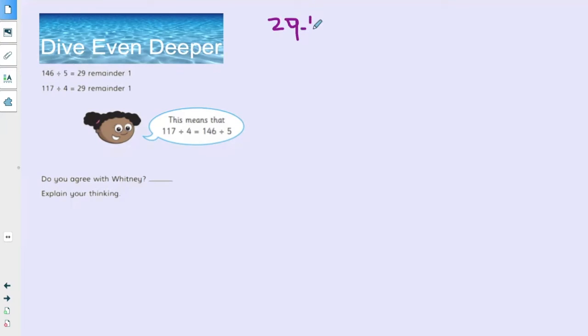So in other words, that's 29 whole, and then 1 out of 5 equal pieces. When I look closely at this part here, I'm now dividing by 4. So again, I do get 29 whole, but this time it's 1 out of 4 equal pieces.